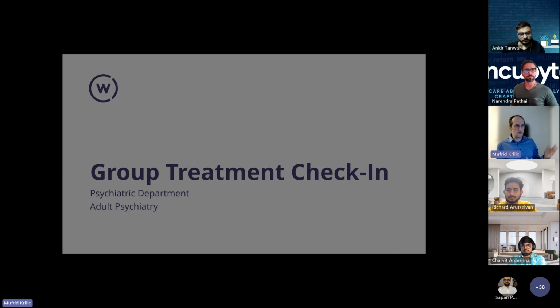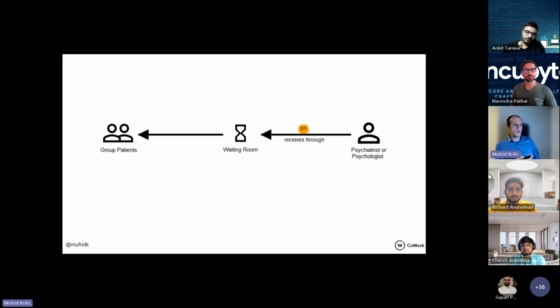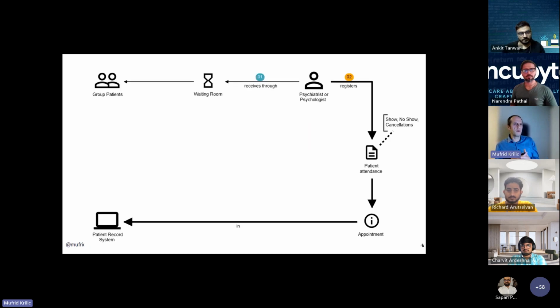Okay, so how do they do check-in? There were two use cases, right? Planning and check-in. Well, there is a waiting room. Psychiatrists and psychologists retrieve the patients from the waiting room, and we see here that the medical secretary is less involved in the check-in. The healthcare professional is much more involved from the first step.